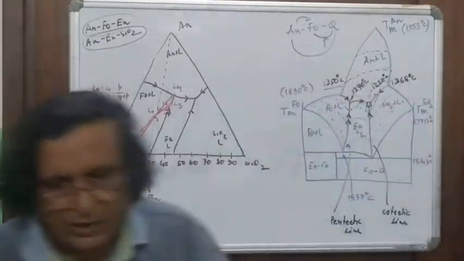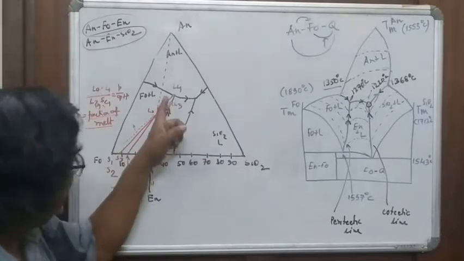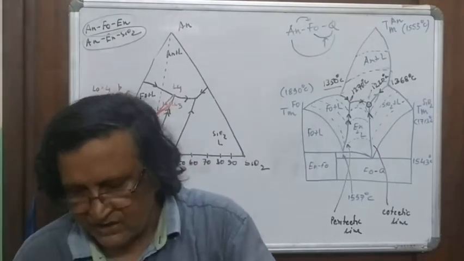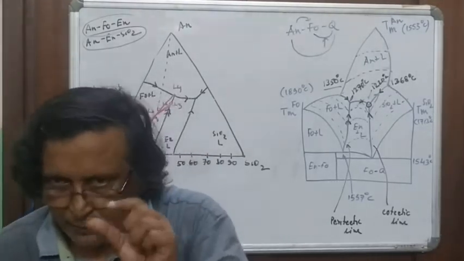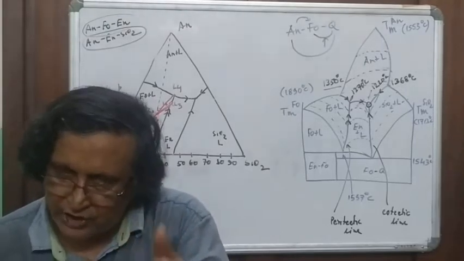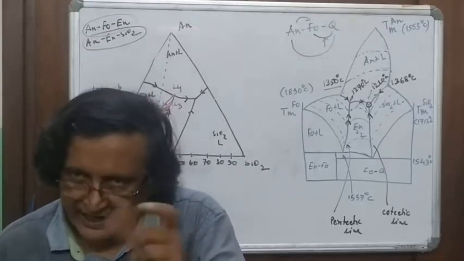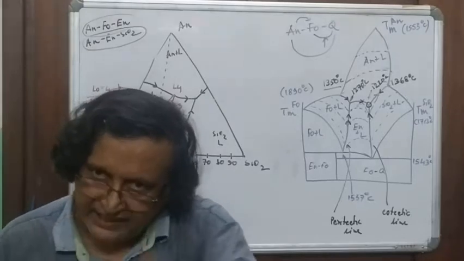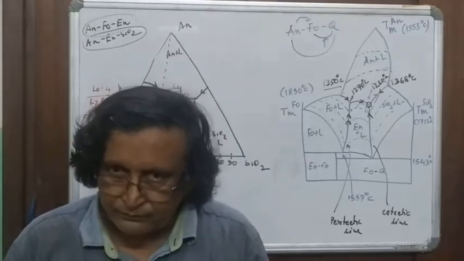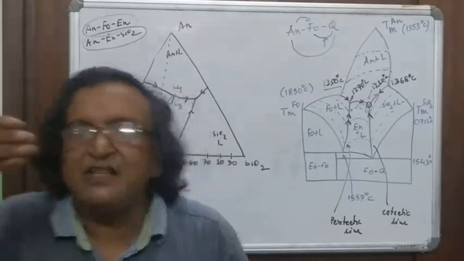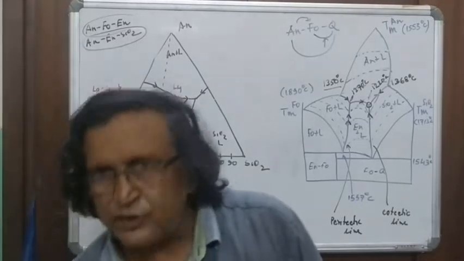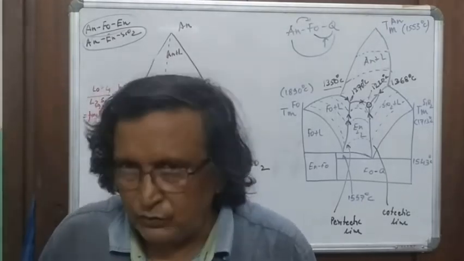So first, the liquid cannot leave L4. Second point, the proportion of forsterite should continue to decrease and enstatite should continue to increase. Okay? At the same time, anorthite has to co-precipitate now.